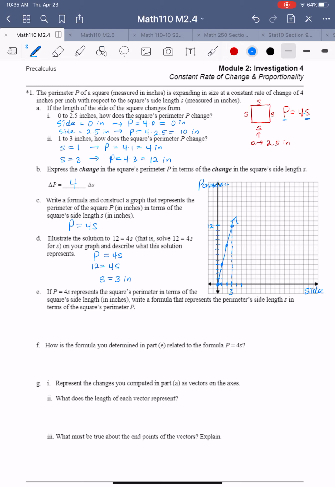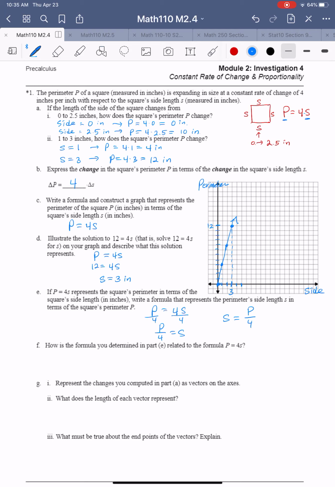Then E: if P equals 4s, where P represents the perimeter of the square in terms of the side length s, write a formula that represents the side length s in terms of the perimeter. P equals 4s is the perimeter in terms of the side, but now you can write the formula solving for s. When you divide by 4, P over 4 equals s, which gives the side in terms of the perimeter.